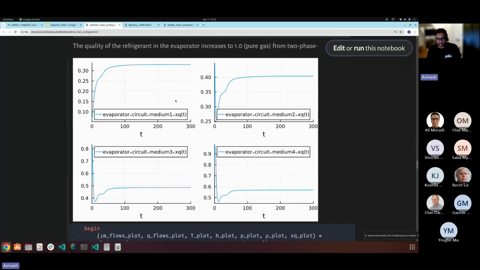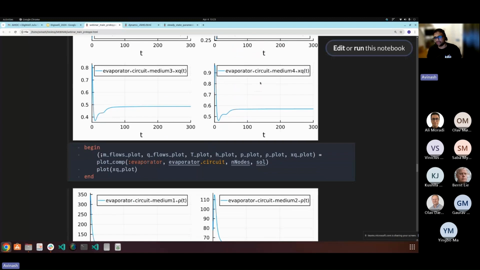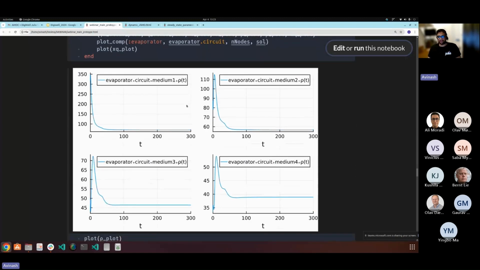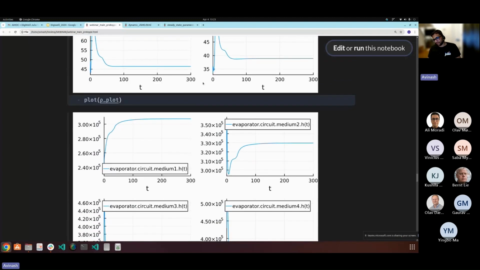So for instance, one can see the quality of the refrigerant in the evaporator in the different control volumes. As expected, you have an increase in the quality during evaporation, and a decrease in density.